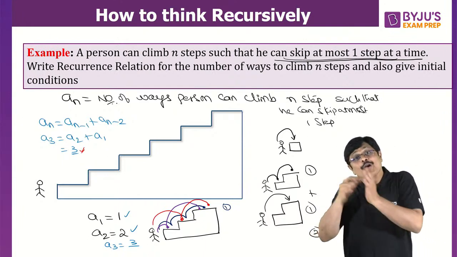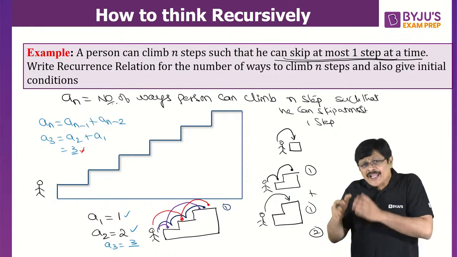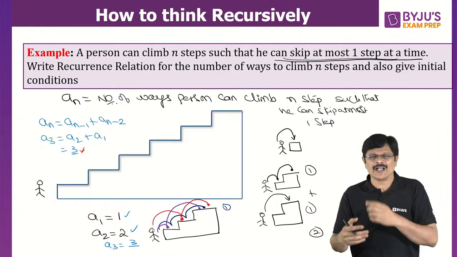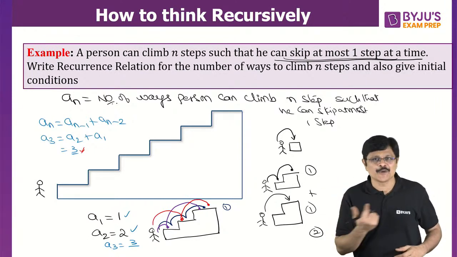Solving a recurrence relation is one more very interesting topic. There are many methods, like the very famous substitution method, but the better name for that is the iterative method.